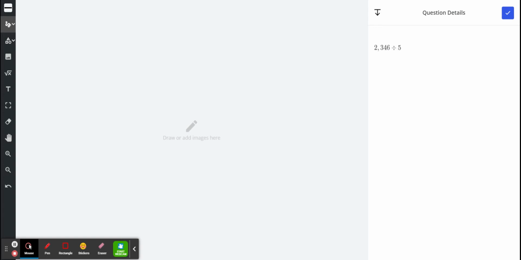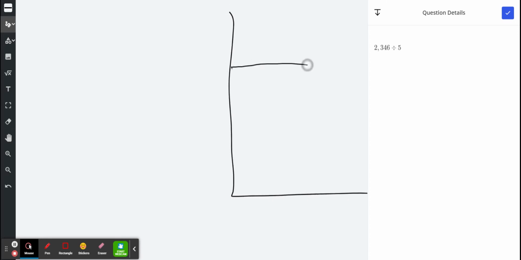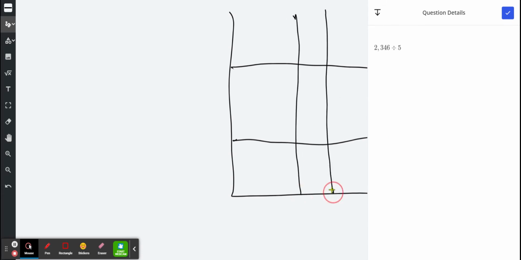Okay, so what I would do first is I'm going to list the multiples of 5, right, up to 9. So that's why I make this chart over here. Now, with 5, that's not a very big number. In fact, it's a small number where you can just skip count by that number.